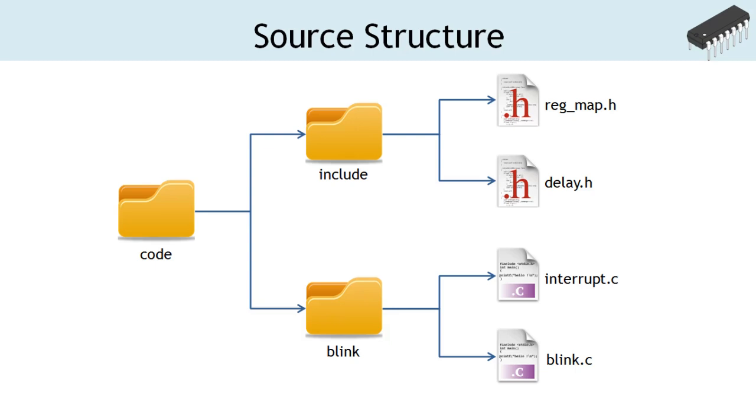Two header files are included in the blink.c. The files are res_map.h and delay.h, and these .h files are placed in the include directory. The source files are compiled from the blink directory, and the various files like .o, .hex, .elf, and .asm are generated in the same directory.